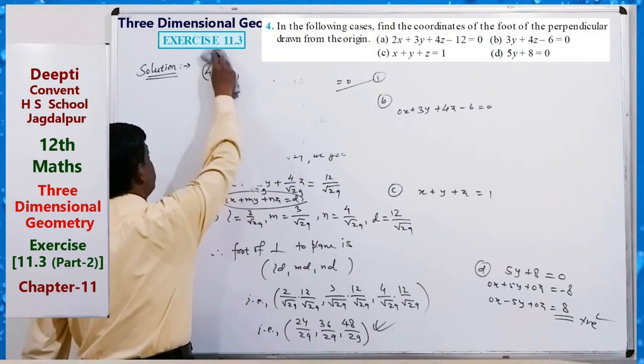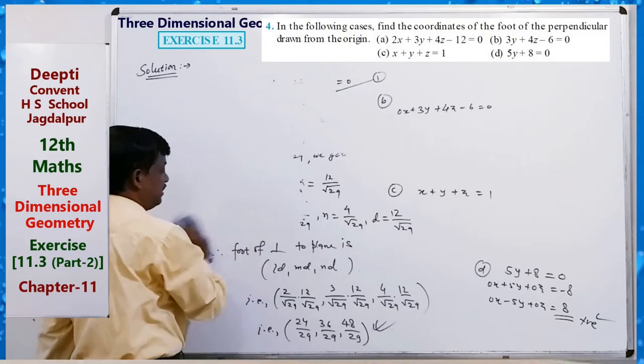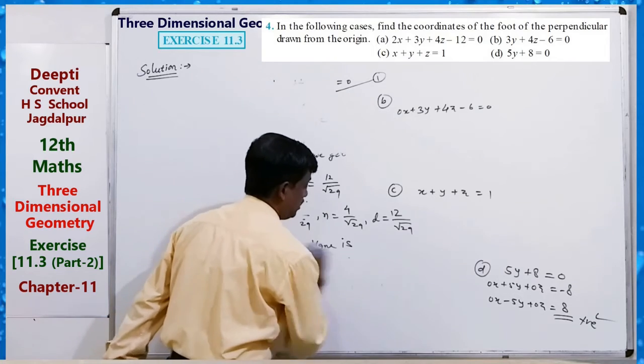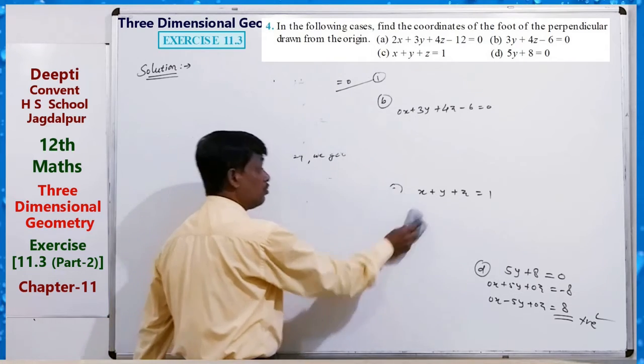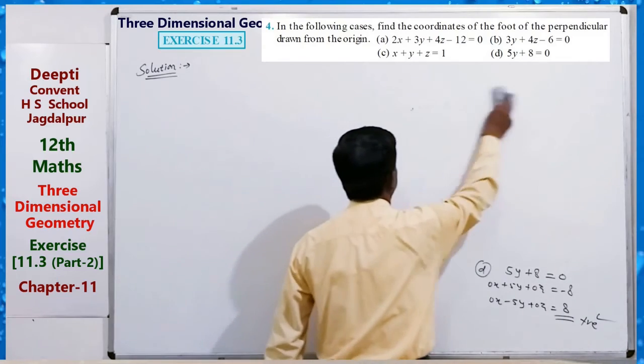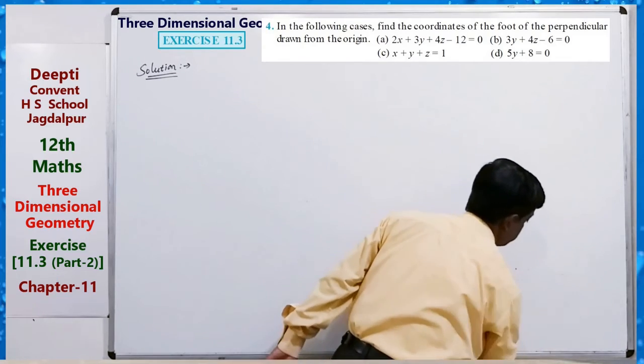Passing through a point and perpendicular to a vector, that is, the direction of the normal to the plane is given. Okay. So here take question 5.